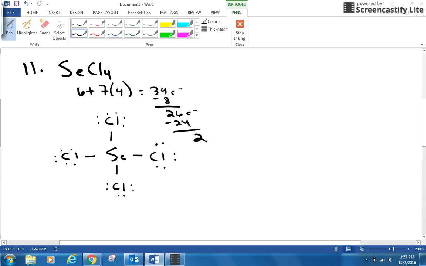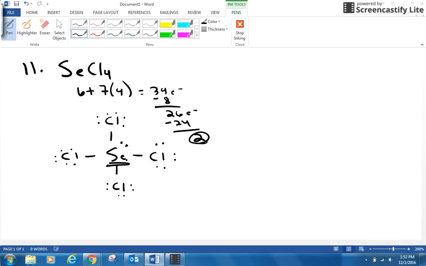So these 2 electrons I'm going to put on the selenium, and that is a valid structure. So that's how you work the ones if you have remaining electrons left over after all of the octets are fulfilled. But this central atom right here has to be in the 3rd energy level or higher to be able to do that.